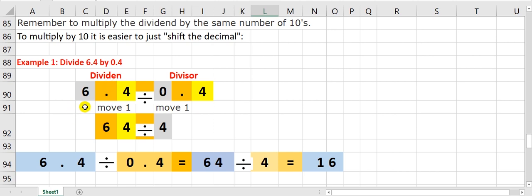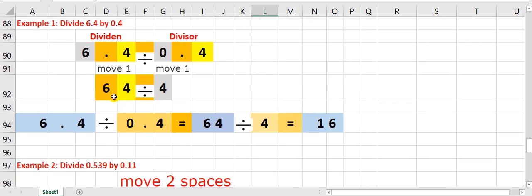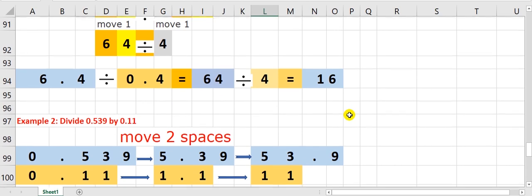Here I multiply also by 10. So the point here will come here, 64. Then 64 divided by 4. This step equals this step. Because I multiply this by 10, I multiply by 10, the value is not changed here. So this is the result.